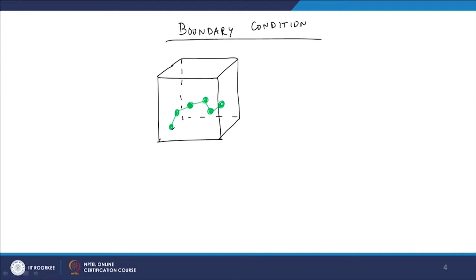Now, as you can see, the polymer chain will keep on moving within the box, and on many an occasion it will hit the walls of the box, and once it hits the wall, it may have, for example, an elastic collision and come back, and then maybe it will reorient itself, and maybe after some time it will hit some other boundary, okay.